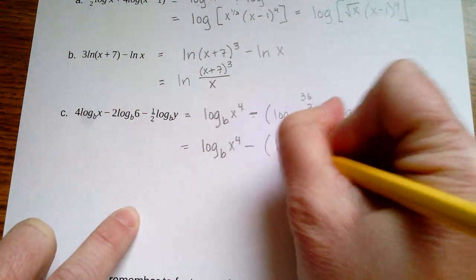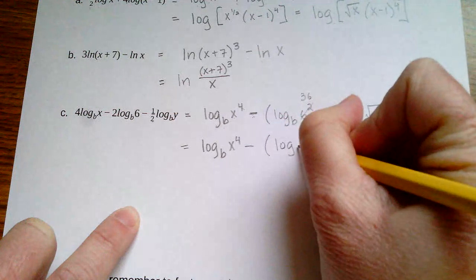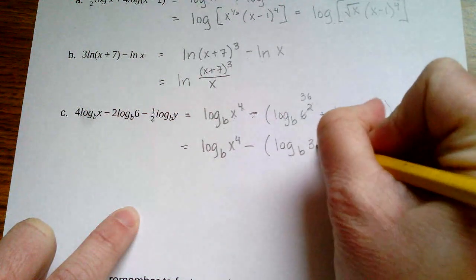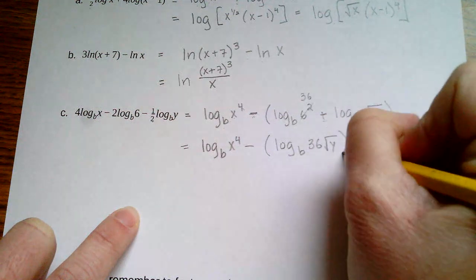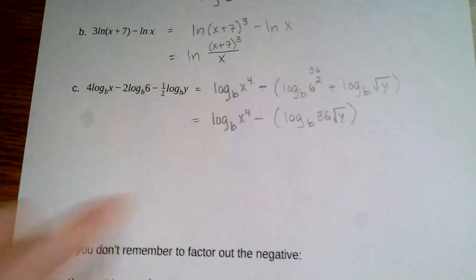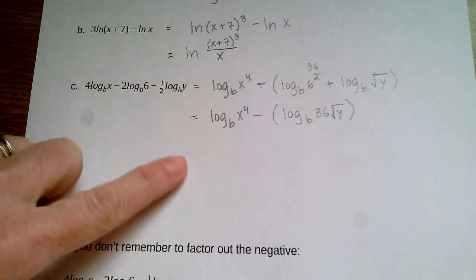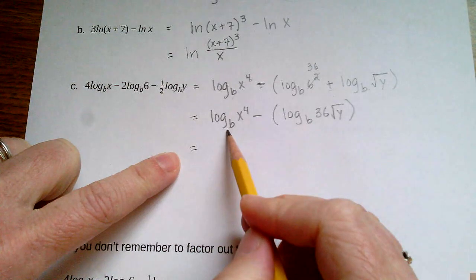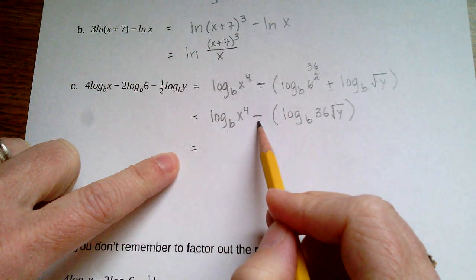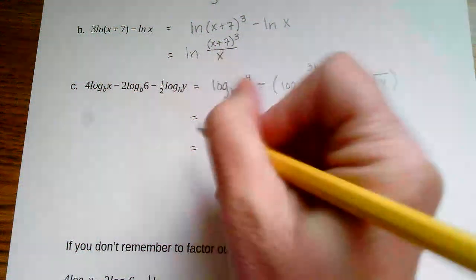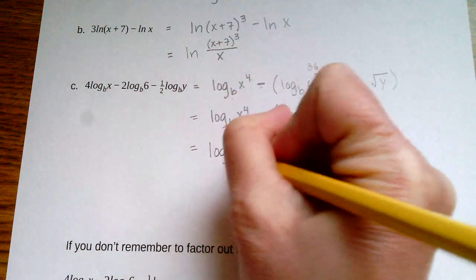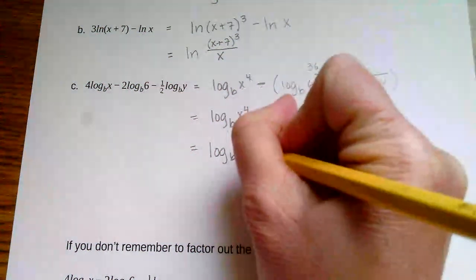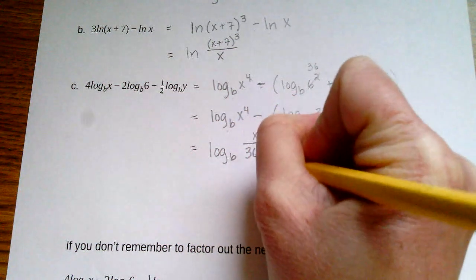So I'm going to use the product property backwards, and I get log base b of the product of those two arguments, 36 square root of y. So now I have the logarithms to the same base, and I'm subtracting them, which means I can use the quotient property backwards. So I get log base b of x to the fourth over 36 square root of y.